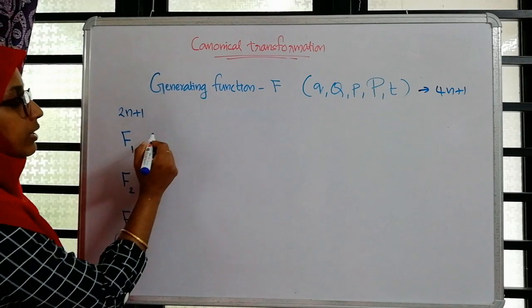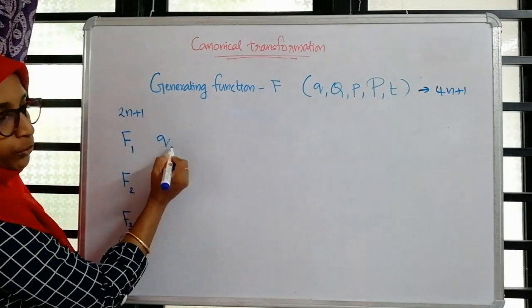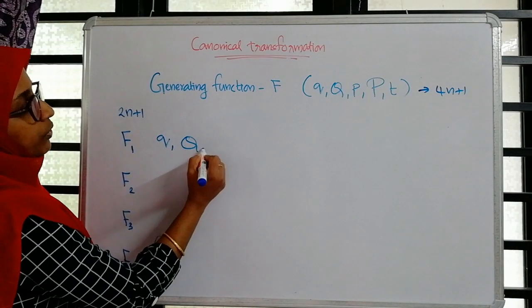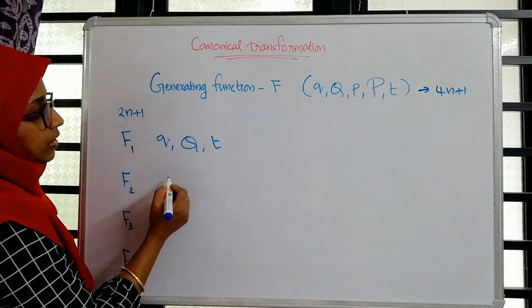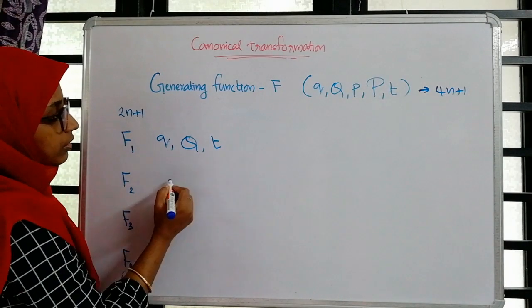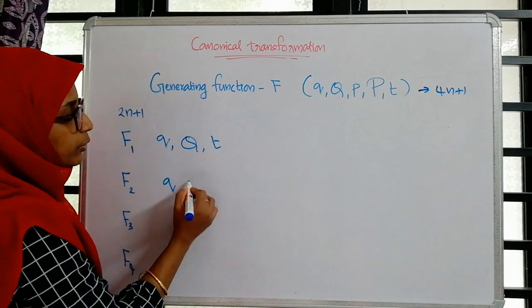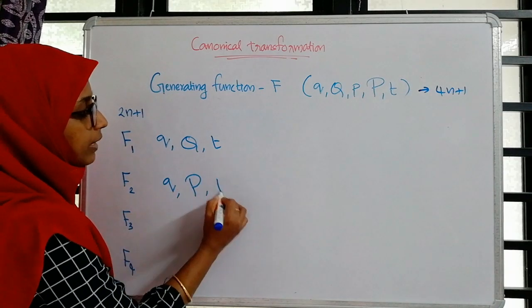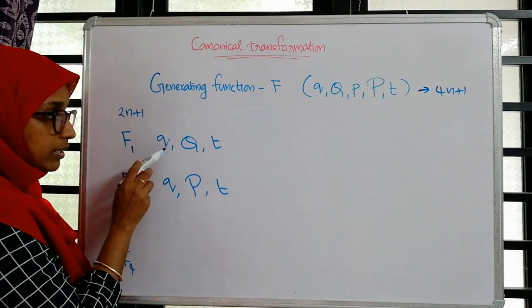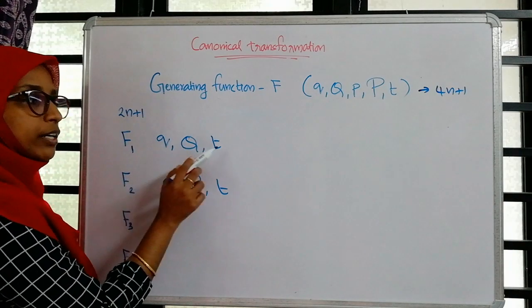The first will have q, Q, t. Remember this order: small q, capital Q, t.